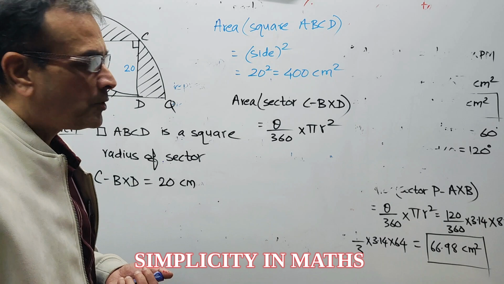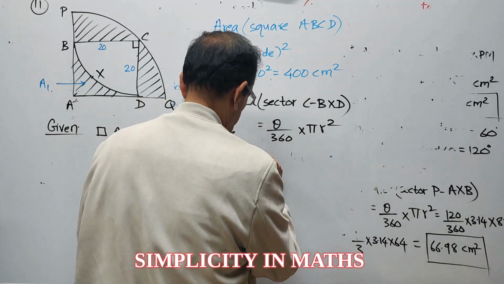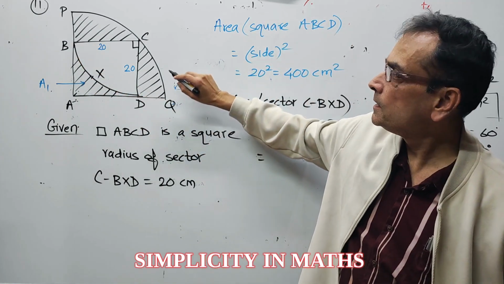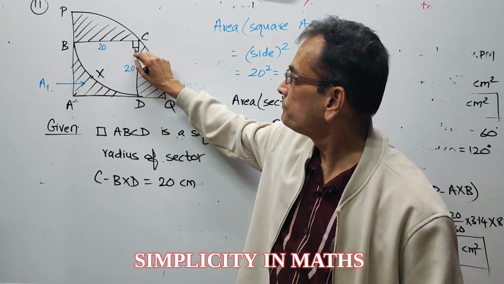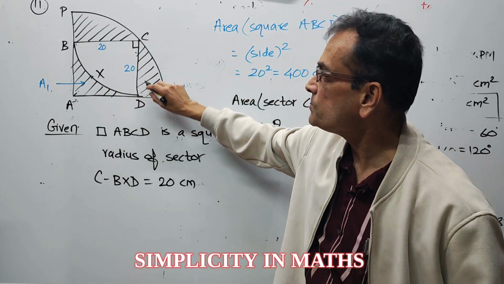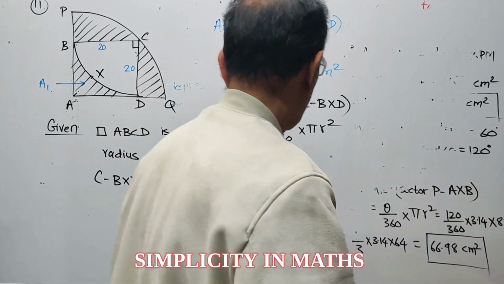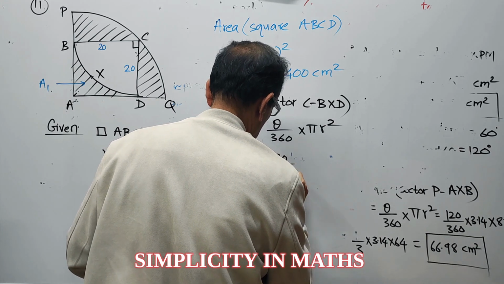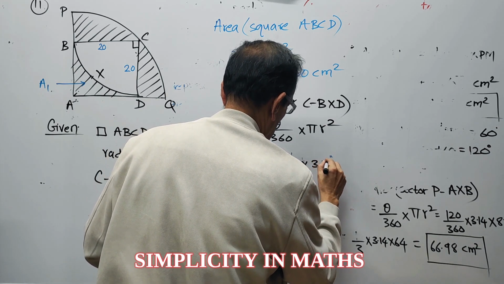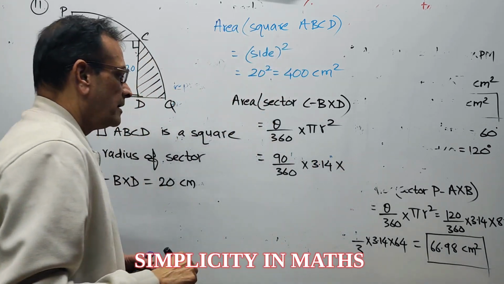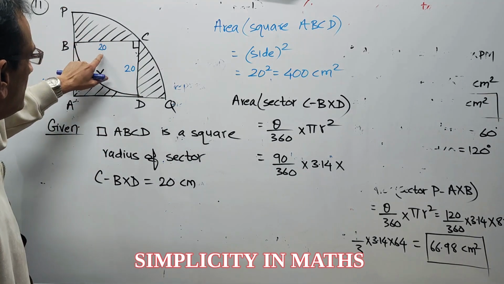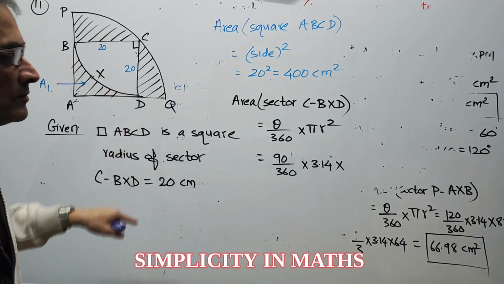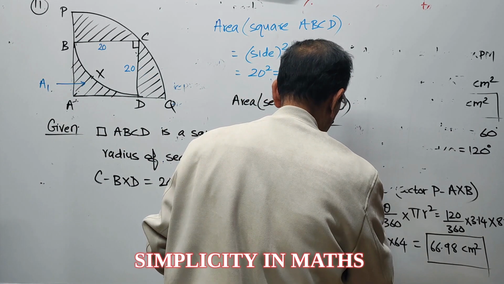Value of pi is given as 3.14. Now for this sector theta is 90. Look, this sector is C dash BXD, theta is 90. So 90 upon 360. What is the radius? 20. Radius of the sector is side of the square. So 20 into 20.